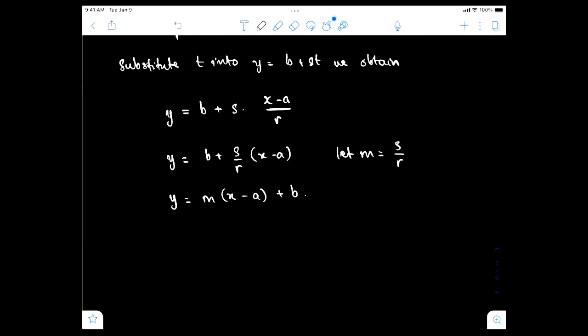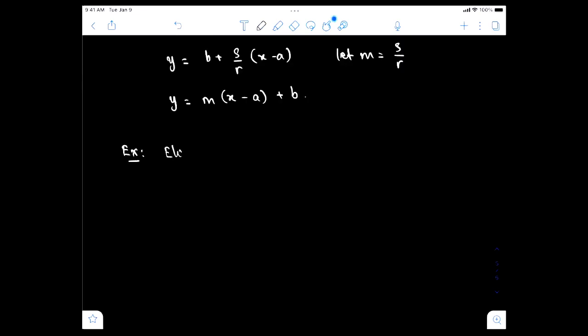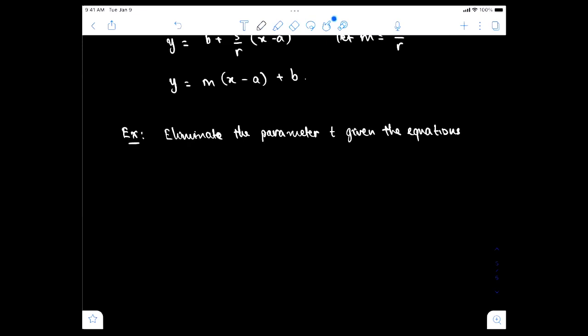So given the parametric equations, we just turn the parametric equations into the equation of the form y equal to f of x. Next example, eliminate the parameter t given the equations x equal to 3 minus 4t and y equal to 2 minus 3t.